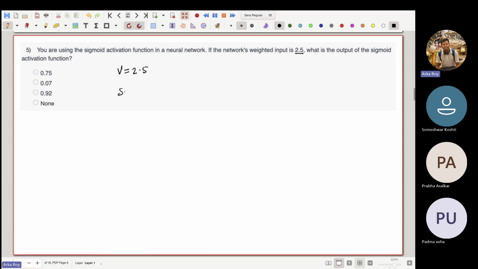Now we have to calculate sigmoid of 2.5, which is 1 divided by e to the power minus 2.5, which is 1 divided by 1 plus e to the power minus 2.5, which is 0.92.